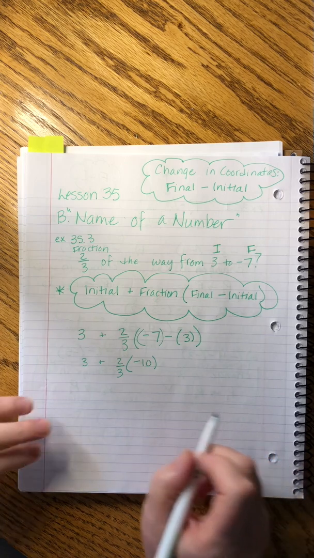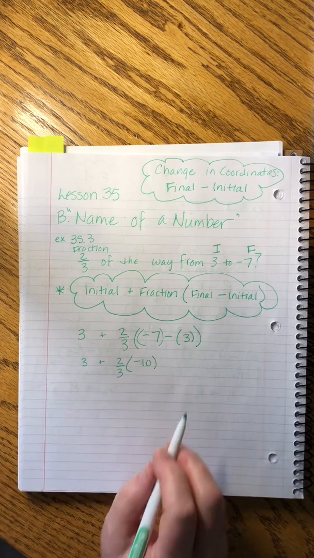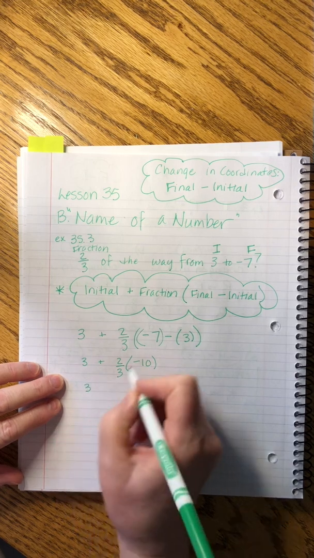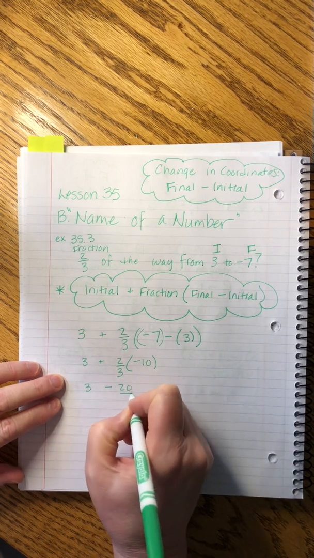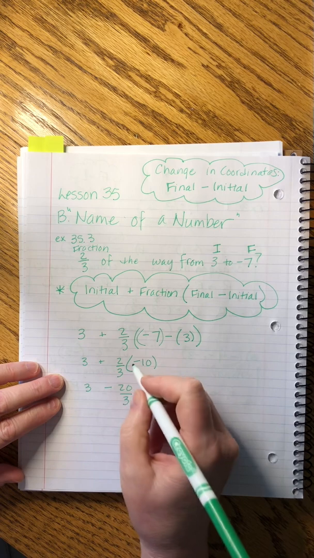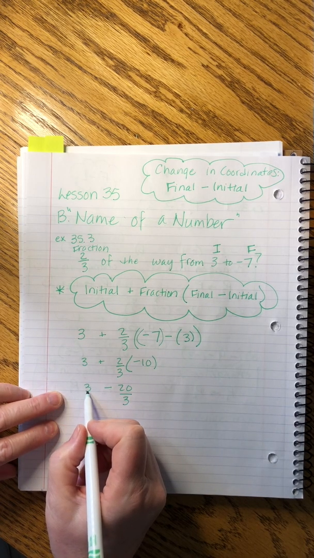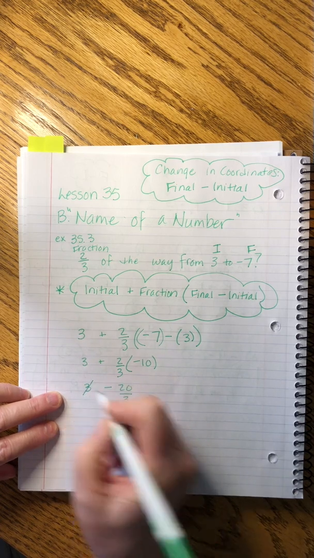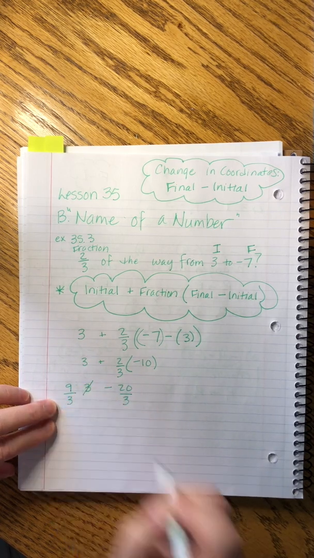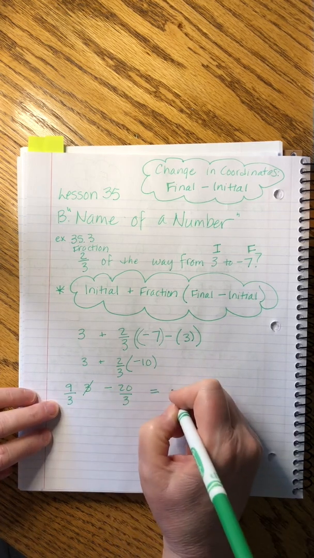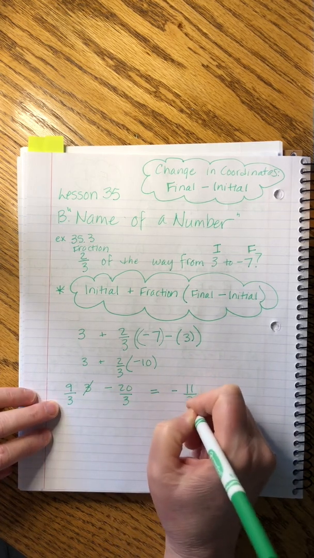So this becomes 3 minus 20/3. I did the multiplication. Now I'm going to change this into an improper fraction that has 3 on the bottom by multiplying it by 3/3. And then 9 minus 20 would be -11/3.